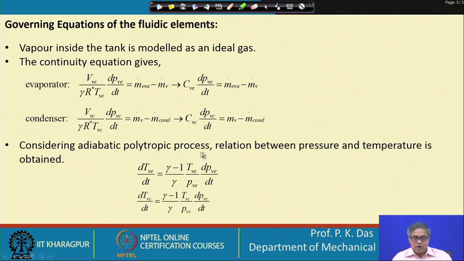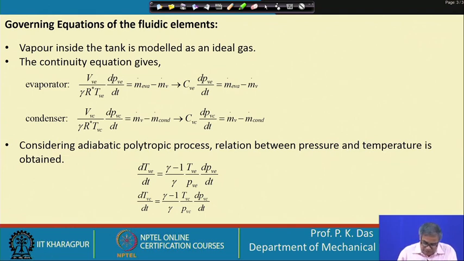Considering adiabatic polytropic process, the relation between pressure and temperature is obtained. So, we assume that an adiabatic polytropic process is taking place when there is an expansion or there is a change in temperature. So, the change in temperature with time we can get with this kind of equation.